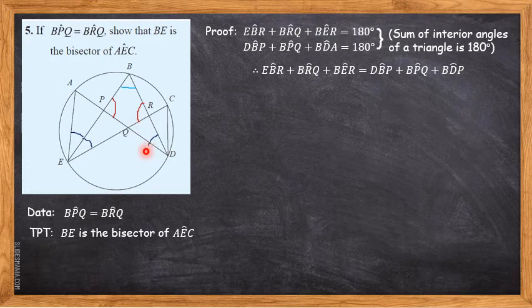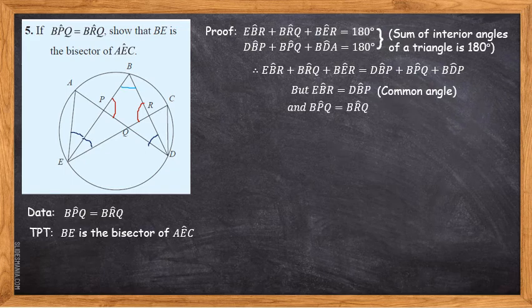Common angle. ඒකෝ බලන්න මේ triangles දෙකේ පළවෙනි triangle එකේ මේ common angle එක EBR කියලා ලියවිලා තියෙන්නේ. අනිත් angle එකේ මේ light blue angle එක ලියවිලා තියෙන්නේ DBP කියලා. EBR කියන්නේ DBP කියන්නේ එකම angle එක. common angle එක. එහෙනම් අපි ලියන්න පුළුවන් EBR DBP is a common angle.